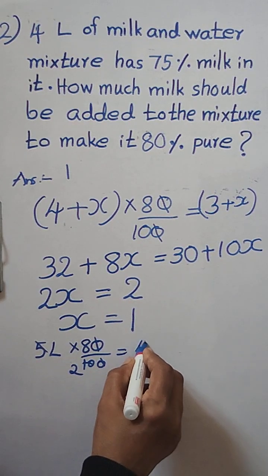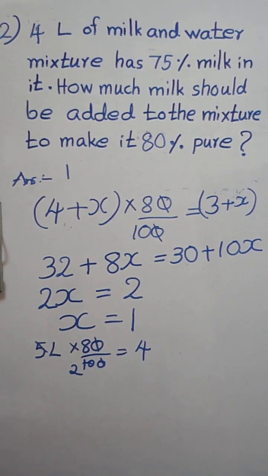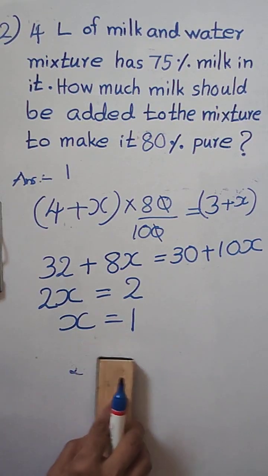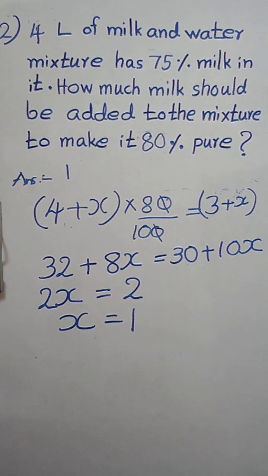It is equal to 4. And 75% will be 3 plus 1 is 4. Answer is 1. Let us do another problem.